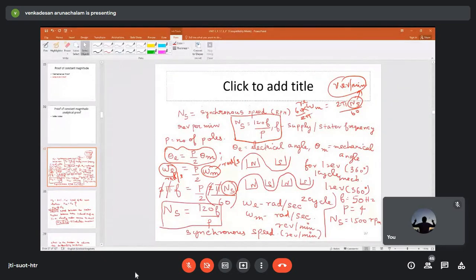You are not making the rotor rotate at the synchronous speed. If you do that, after some time, the rotor will come to rest. That is a property of the induction motor, right? But what natural phenomenon is making the rotor speed lesser than the synchronous speed? Anybody can tell me the answer? What makes the speed of the rotor lesser than the synchronous speed?